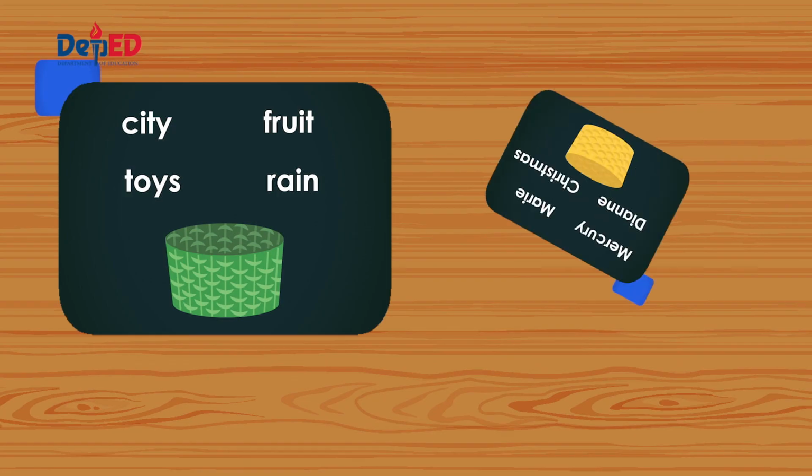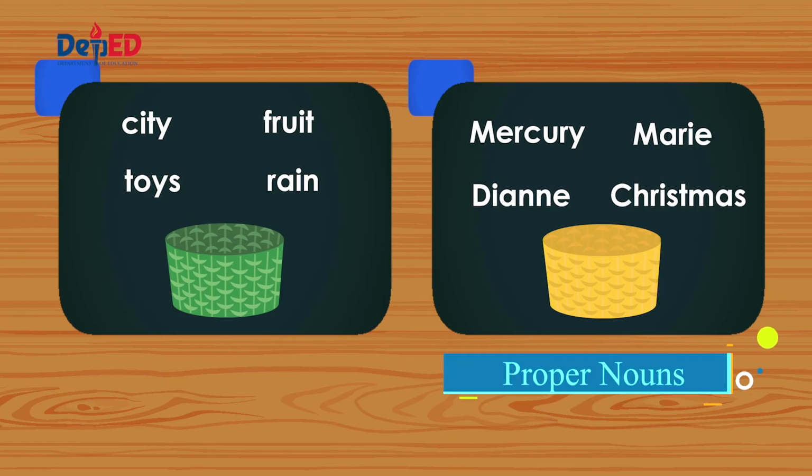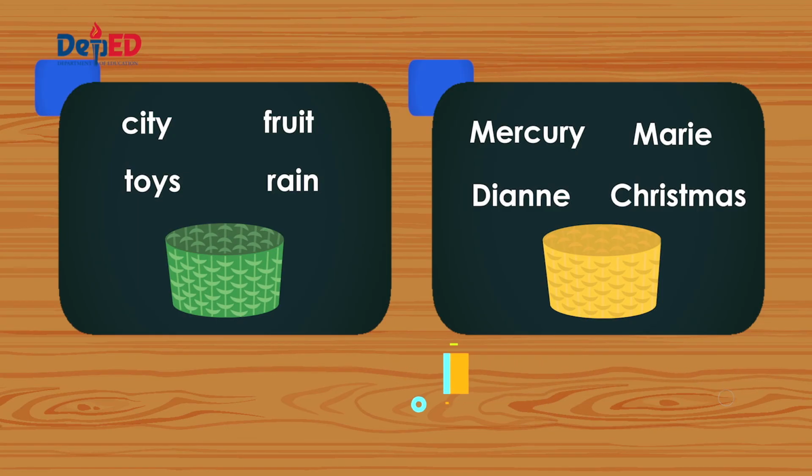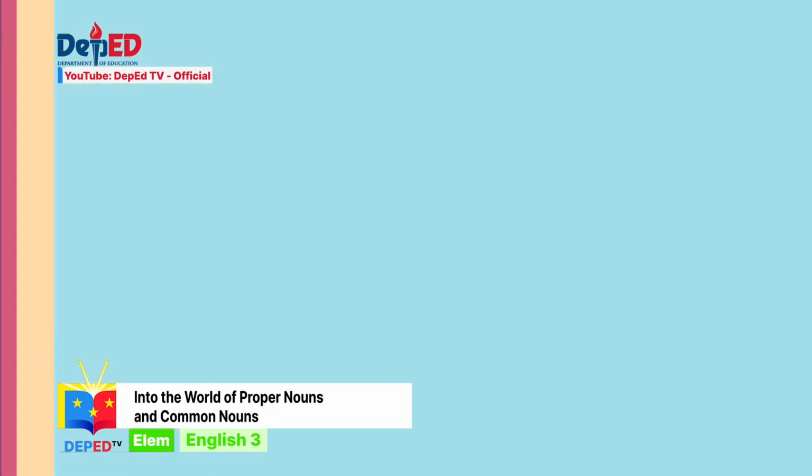Nice reading, kids! Now, which of the two baskets contains the proper nouns? Yes, it's the yellow one. And the green basket contains what? Correct! It contains the common nouns.